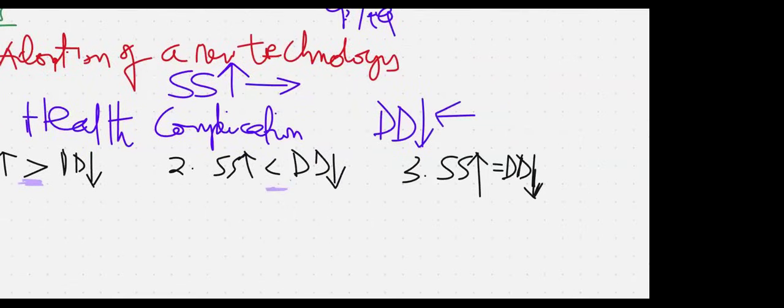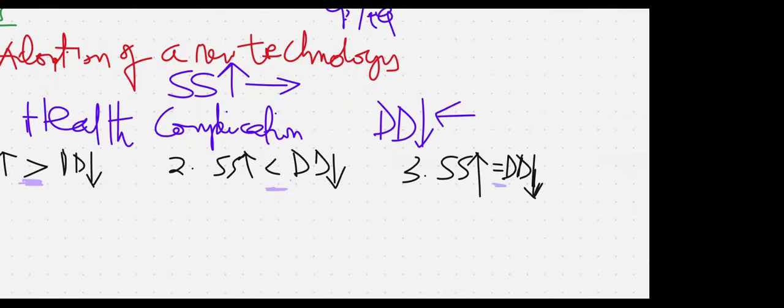I'm using equal sign. So I would say the impact of the increase in supply is the same as the impact of the decrease in demand. When I'm reading from the right, I'll still say the decrease in demand has the same impact as the increase in supply. Stage 2, the increase in supply has a lesser impact than the decrease in demand, or the decrease in demand has a greater impact than the increase in supply.